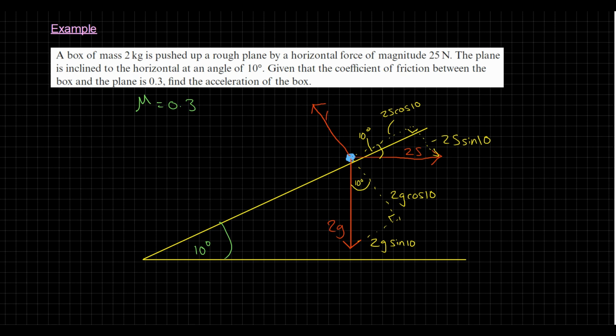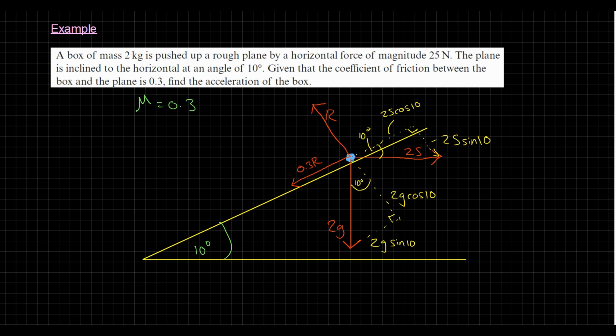So we've got the resultant R, and we've also got the friction going this way. And remember, friction in this case is going to be F max. That's mu times R. So I'm just going to label this as 0.3 R there. Okay. Cool. So we've got all forces are either parallel or perpendicular or been split into those two components.